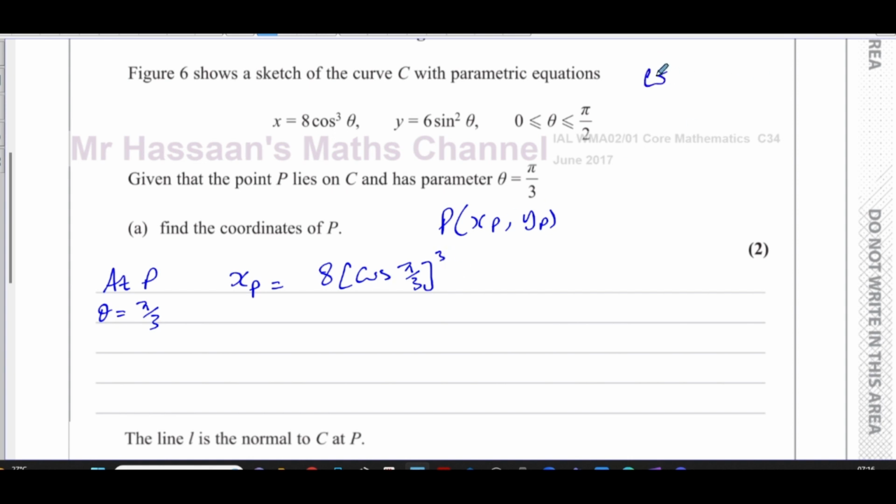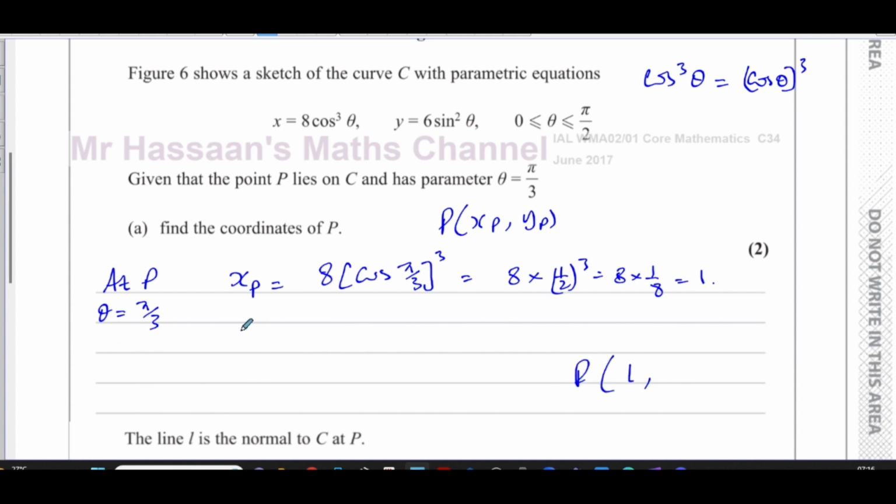Remember, cosine cubed of theta is the same thing as cosine theta all cubed. It's just written in this form. Now pi over 3 is 60 degrees, and the cosine is a half. So 8 times a half cubed, which is 8 times 1 over 8, which gives you 1. So the x coordinate of P is 1.